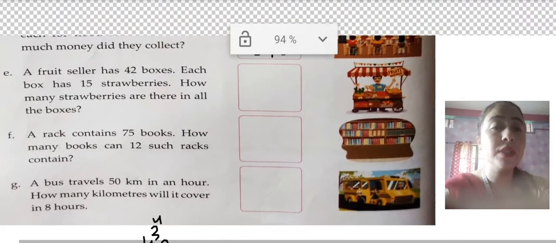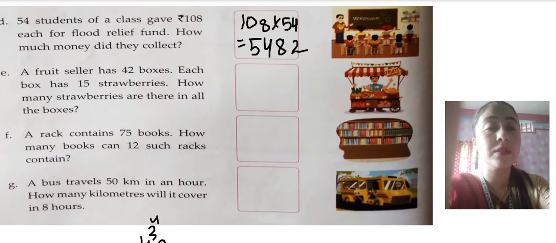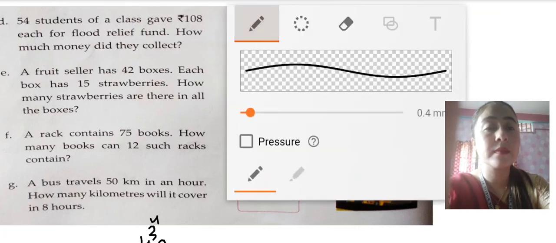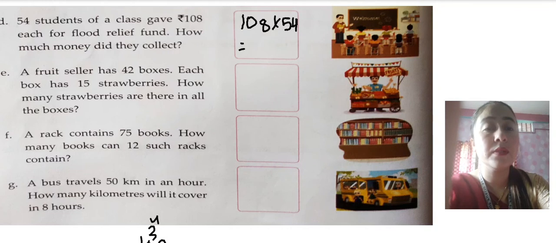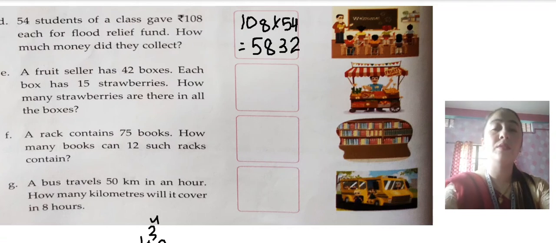So you will write in the same manner 5832. Sorry, 5832. Equals to 5832.